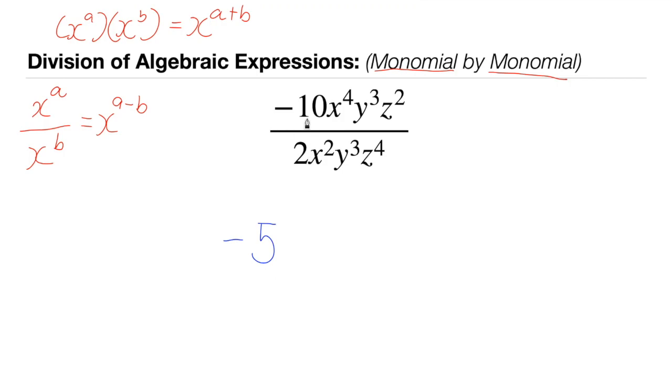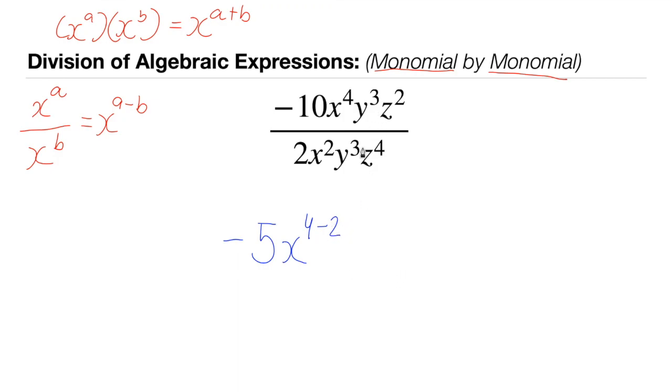Let's move on to the x's. We're going to copy x. The numerator is 4, the denominator is 2, so it's going to become 4 minus 2.